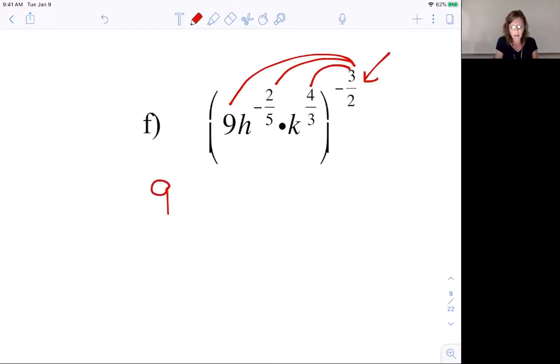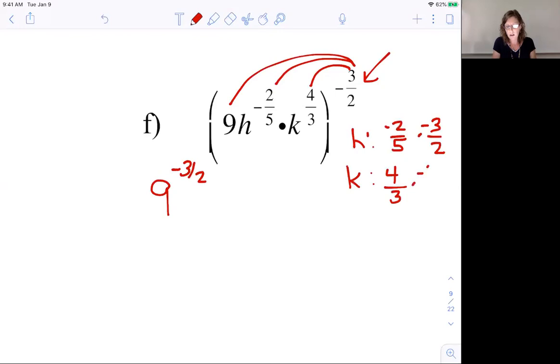So the 9 now has an exponent of -3/2. Now remember, you're distributing, so you're multiplying these fractions together. If you need to do a little side work, you can. But we're taking -2/5 times -3/2. That's for the h. For the k variable, we're taking 4/3 times -3/2. So if you need to do a little side work there, you can.